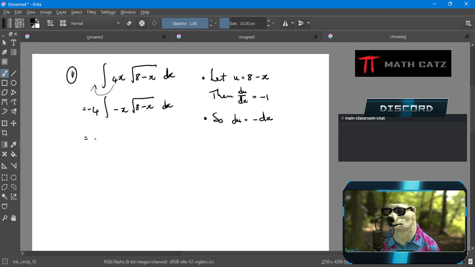Then I am sort of ready. The root 8 minus x will become root u. The negative and the dx will become du, but the x is still there. That is when I rewrite my substitution equation and solve for x as 8 minus u.